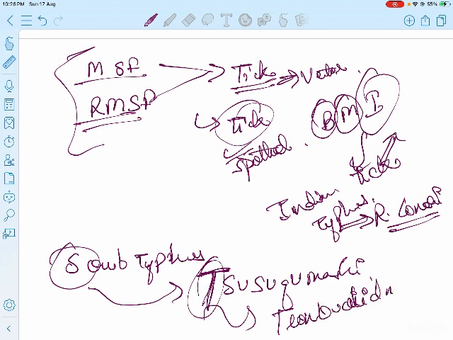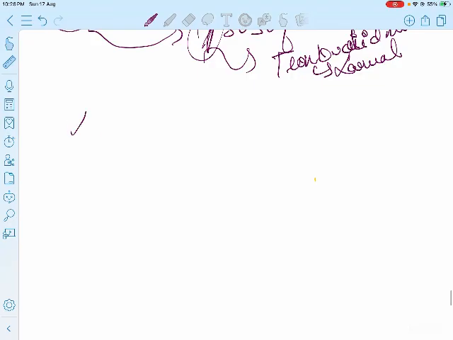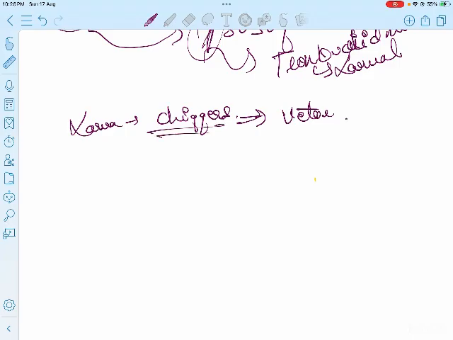And to be more specific, it is the larval form. Now the larva is also known as chiggers. Since the chiggers are a vector for it, it is also known as chiggerosis. So scrub typhus is also known as chiggerosis because of the chigger larva.